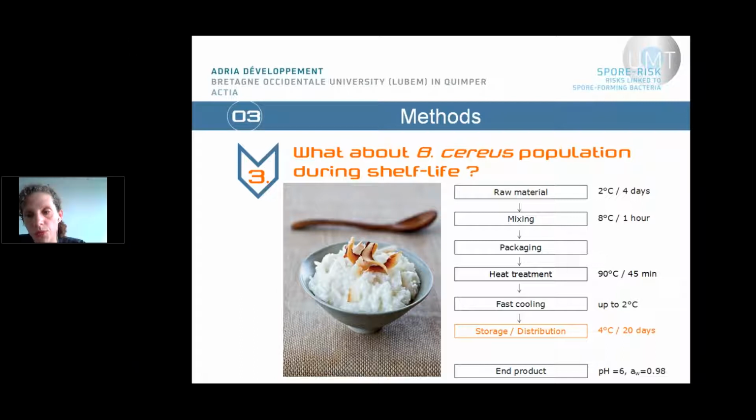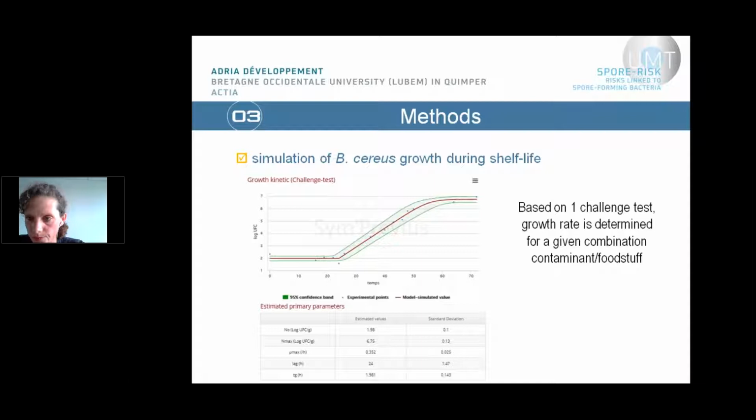How will my storage and distribution conditions impact the growth of the microorganism? For this, I need one challenge test performed in my real food, my rice pudding. So this is a given combination of Bacillus cereus strains in rice pudding.